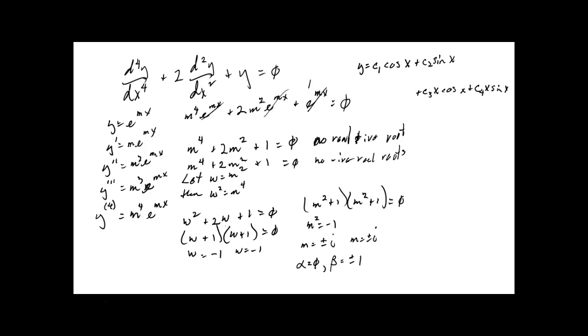Oh, there it is, bottom of page 138. They usually put it in blue, but they didn't this time. C1 cosine x plus C2 sine x plus C3 x cosine x plus C4 x sine x.